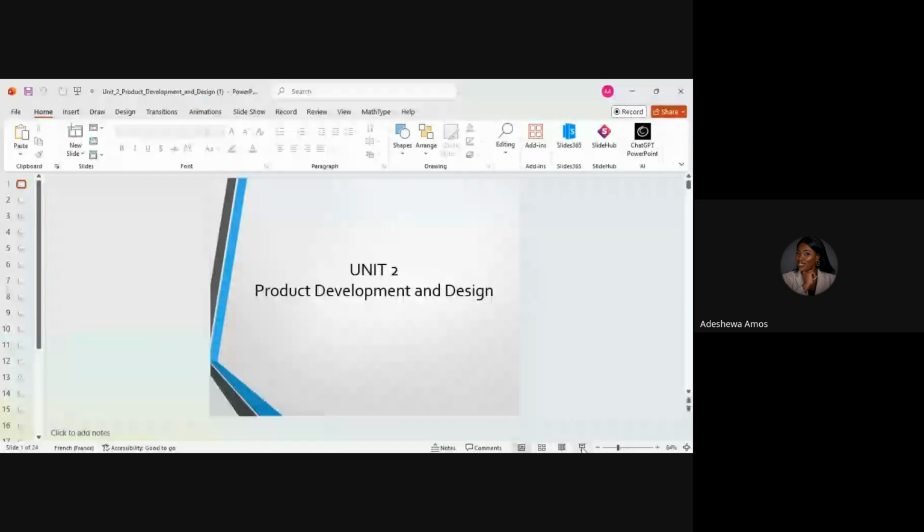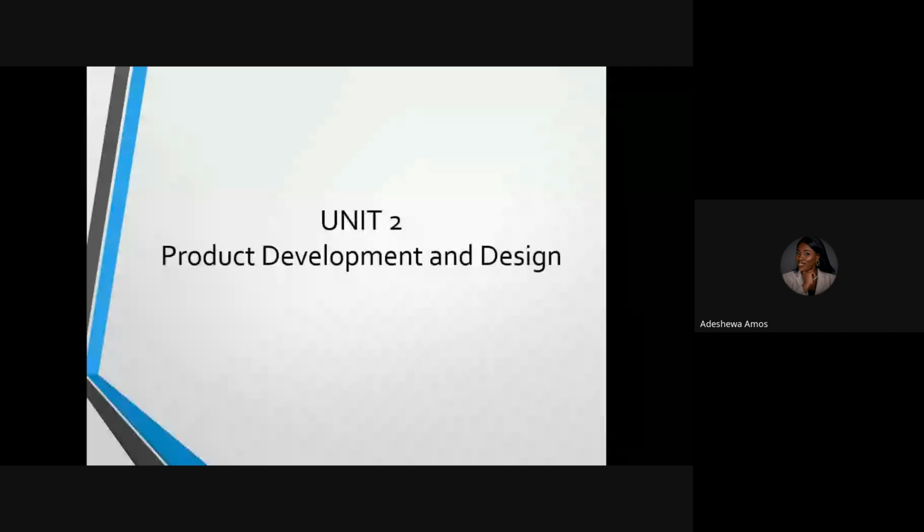So today we'll be talking about product development and design. So do not forget that when it comes to operations management, it's a build up of knowledge.